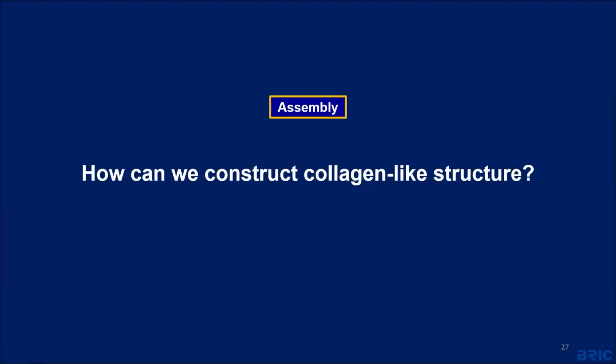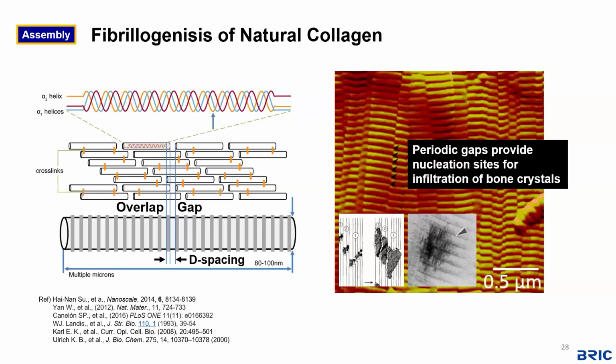The next task is assembly to make a collagen-like structure. So how can we make a collagen-like structure? Here I want to show you the distinct feature of collagen assembly. Not all of them, but the majority of collagen forms these fibrils on a micro scale and also a macro scale.